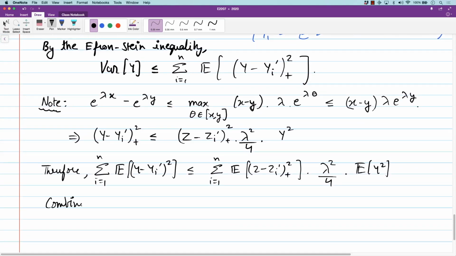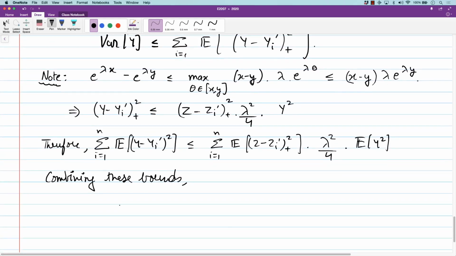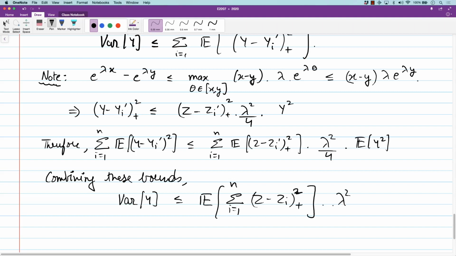Combining both the bounds, what we get is variance of y is less than or equal to expected value, I'm just taking this expectation out, times lambda square by 4, and this guy, by definition, is the function expected value of lambda z minus expected value of z.